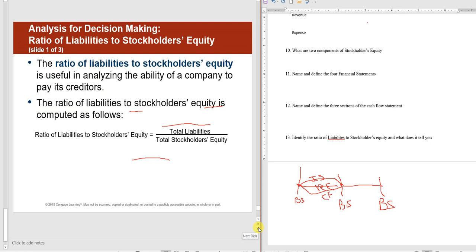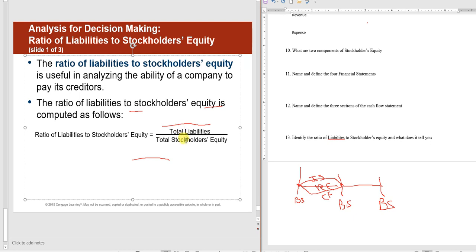The last thing that we're going to cover in this chapter is the ratio of liabilities to stockholders' equity, which is simply total liabilities divided by total stockholders' equity. This will tell you if you have more liabilities or more stockholders' equity. If you have more liabilities, your numerator will be higher, so it'll be greater than 1.